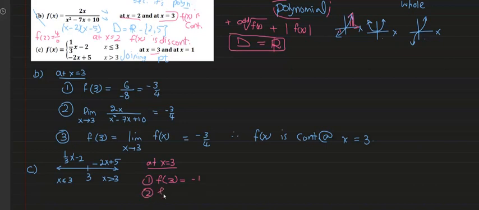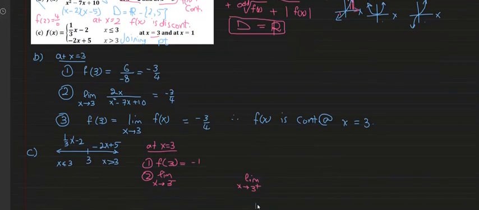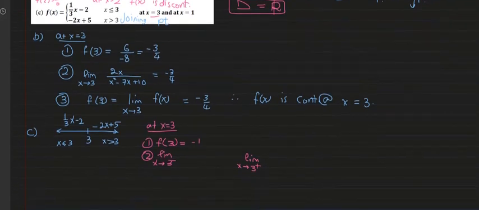The second step is to find the limit as x approaching 3. 3 here is the joining point in a piecewise function, so I can't approach it at once. I have to approach it from right and then separately from the left, right? Would we substitute the f of x in both sides?